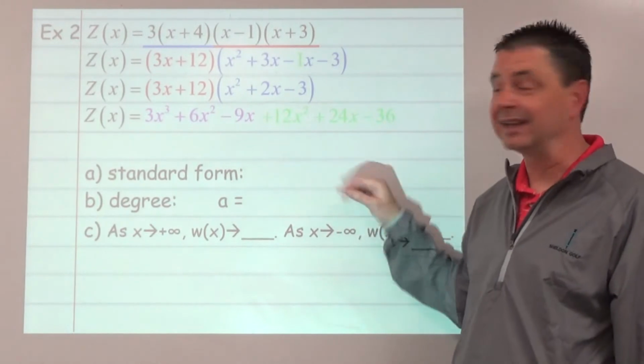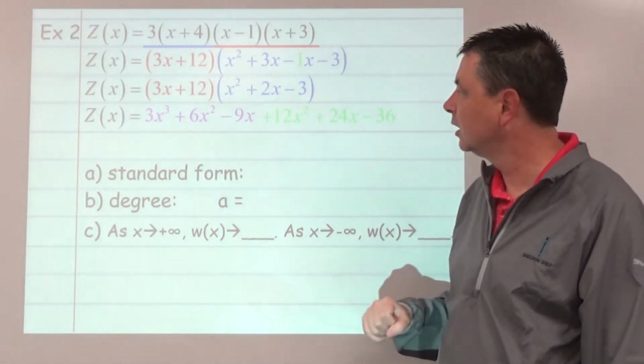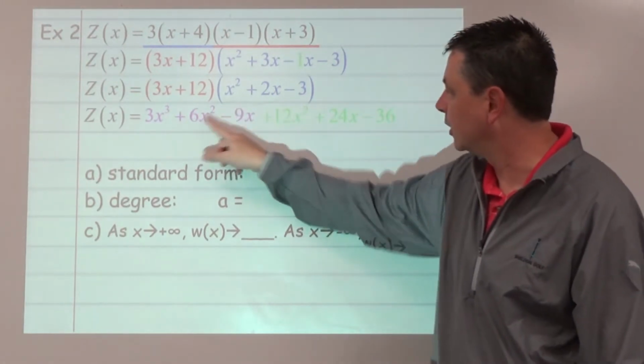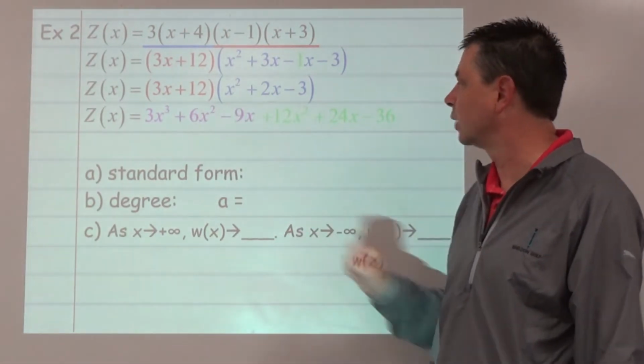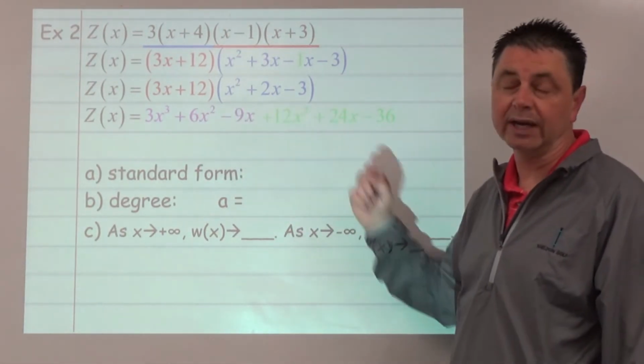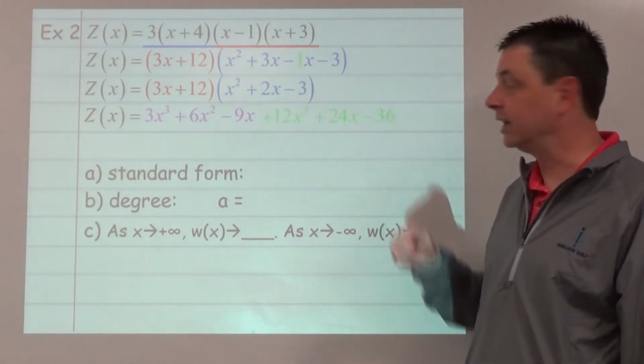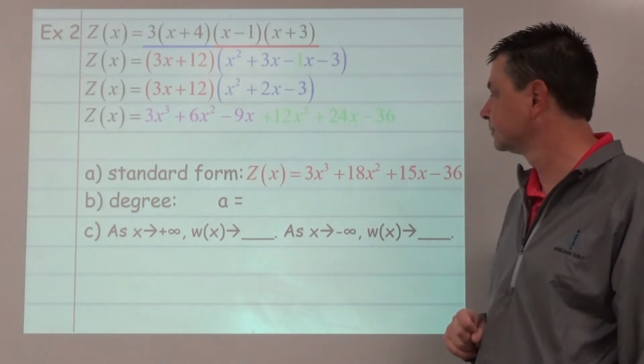Now we just got to combine like terms to get our standard form. We've got z of x equals 3x to the third. These two are going to combine. That's a plus 18x squared. These two are going to combine. That's a plus 15x, and then a negative 36 at the end.